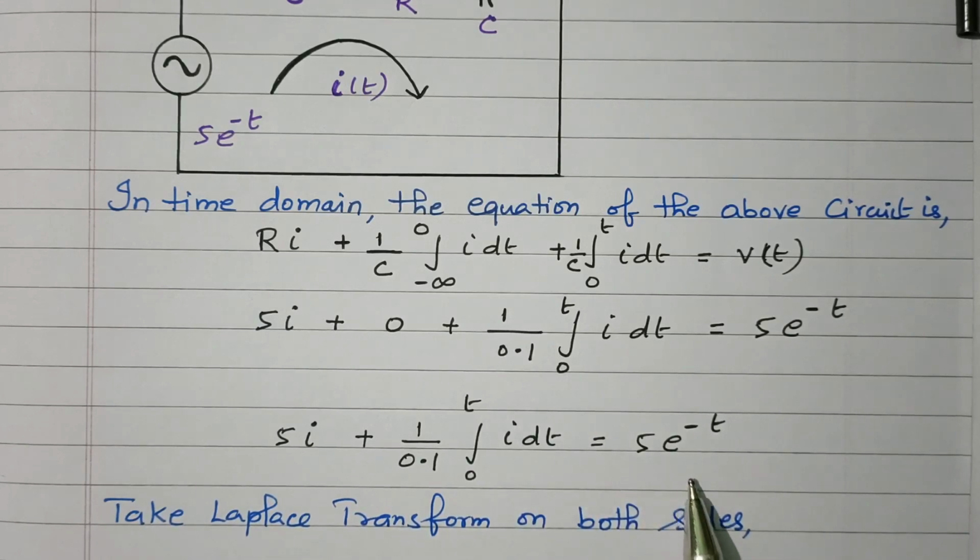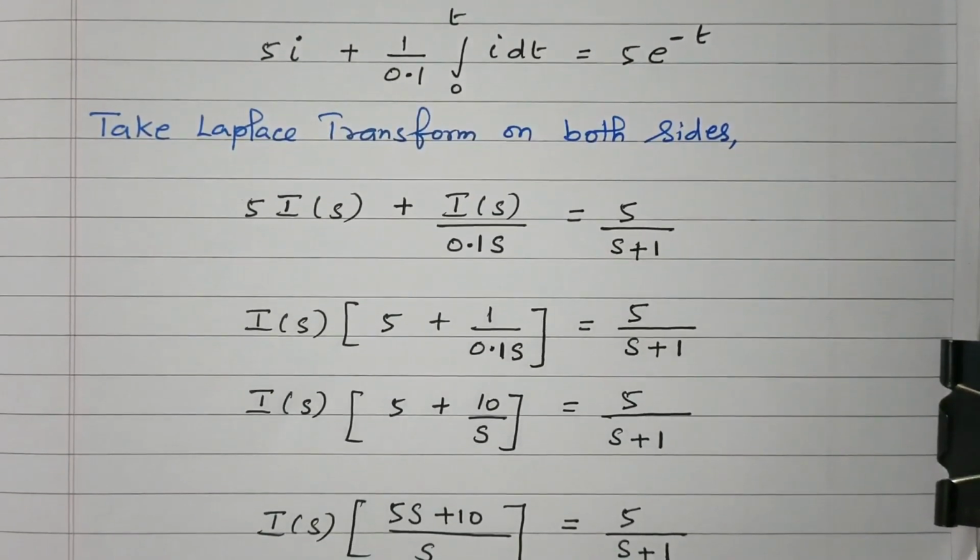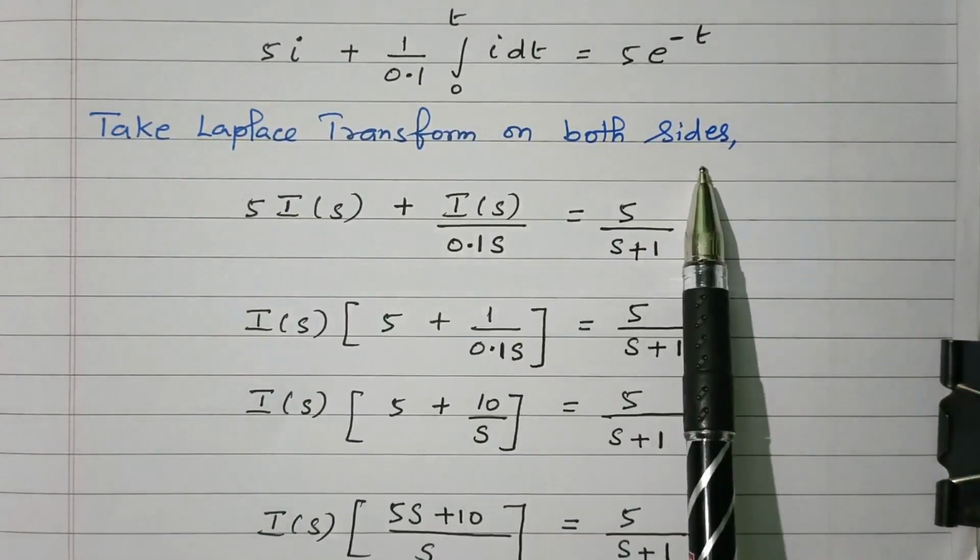So our aim is to find the transient current. First we will take the Laplace transform of this equation so that the t domain will be converted into the s domain. After simplification we need to take the inverse Laplace transform so that we will get the transient current of the given circuit. So take Laplace transform on both the sides.